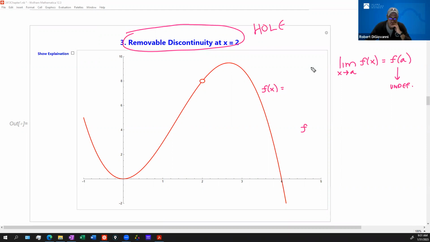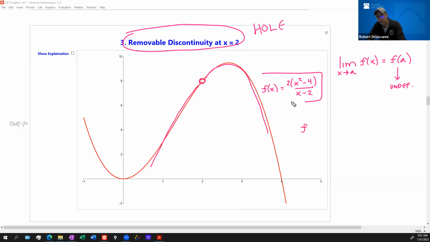Let's see, x squared minus 4 over x minus 2. Okay, there we go. So that function right there is the function we're looking at roughly, at least this part with the hole in it.